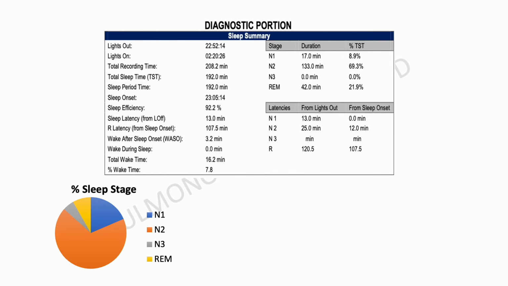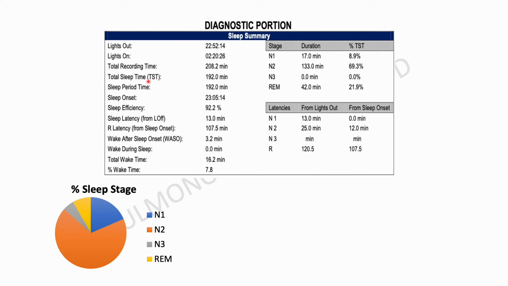The third thing in this diagnostic portion, you can see the sleep summary. So this is the sleep architecture part that we are seeing, and you get important information such as the lights out, the lights on, the total recording time, and the total sleep time. Now remember, the total recording time is different from the total sleep time, because the total recording time is actually the time in bed, but the total sleep time is the actual time asleep from the onset of sleep, which is denoted through the EEG.